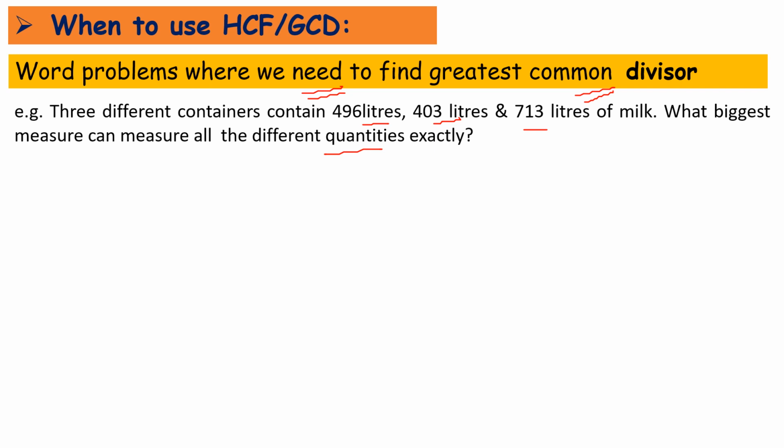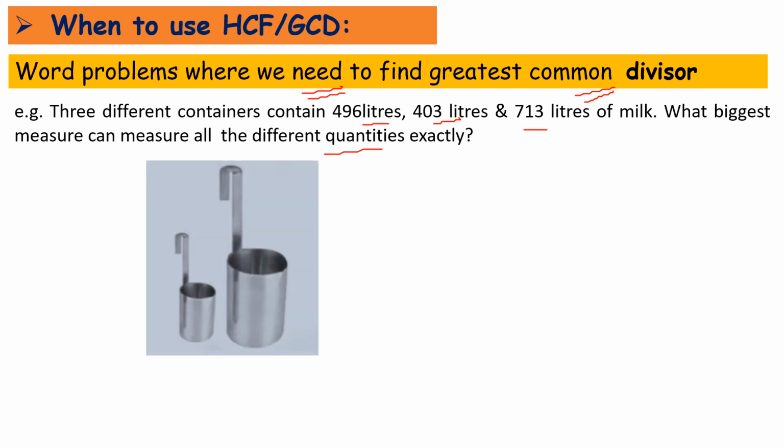We need to find a measuring can which will measure the given milk exactly, so that the can is not half filled or three-quarters filled. It should be completely filled. So a can which will be completely filled and will measure all these numbers exactly is what we are supposed to find.